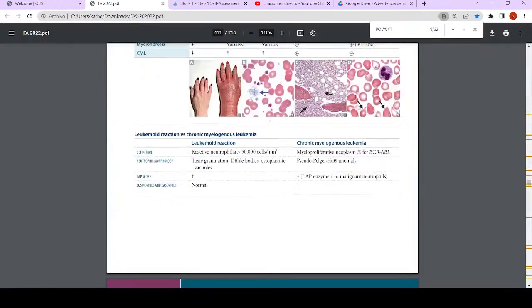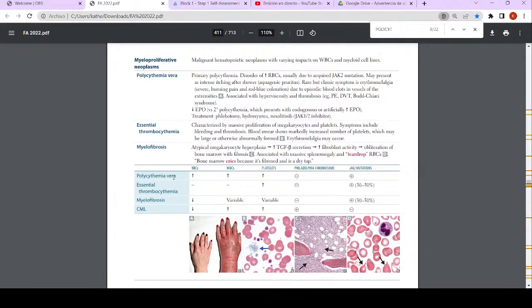That looks super cool. Essential thrombocythemia is characterized by massive proliferation of megakaryocytes and platelets. Symptoms include bleeding and thrombosis. Blood smears show a markedly increased number of platelets, which might be large or otherwise abnormally formed. Erythromelalgia may occur.